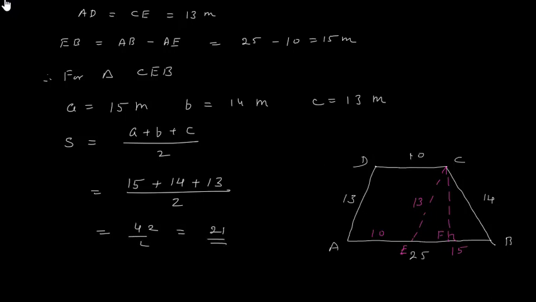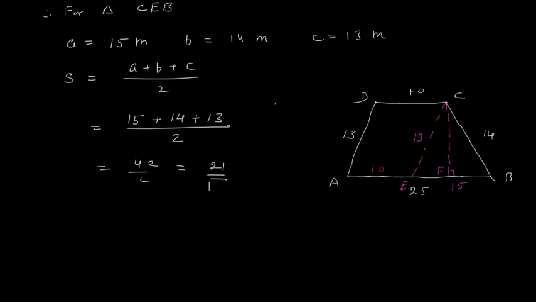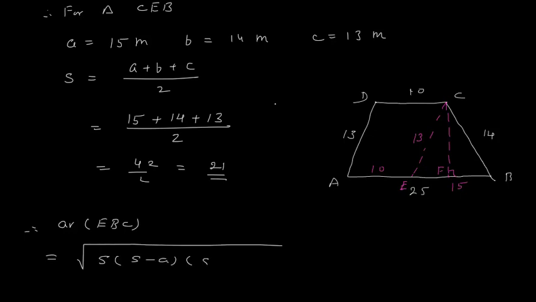So therefore, area of triangle EBC, we will use Heron's formula. This is square root of s into s minus a, s minus b into s minus c. You know the values of a, b and c, you know the value of s.